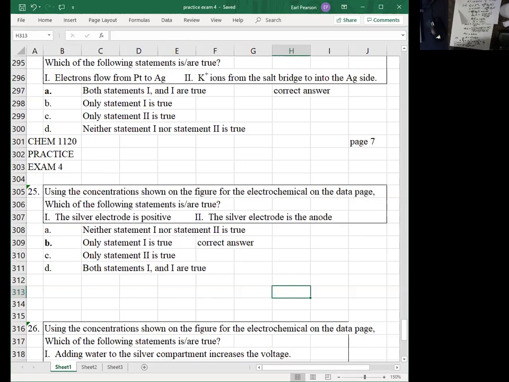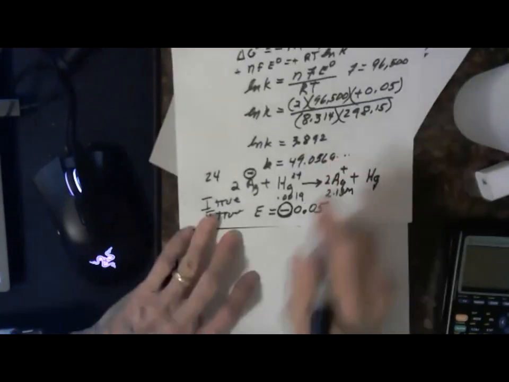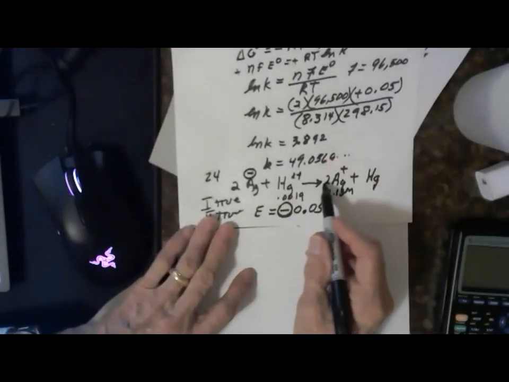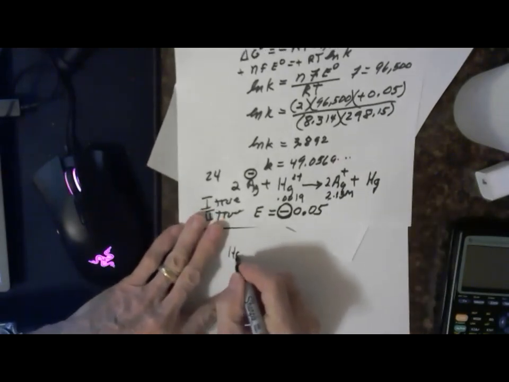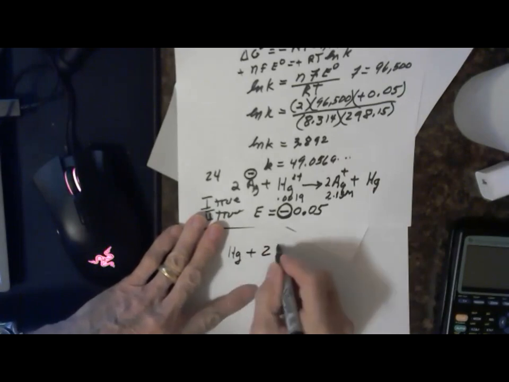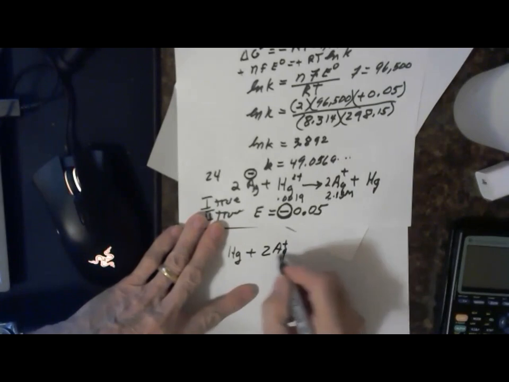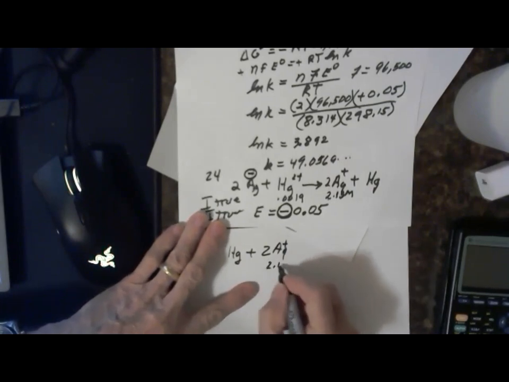And this time, I'm going to go ahead and write the reaction in the direction that created the positive voltage. So let's stop the screen share so you can see my pad down here again. Now, this is the reaction here that generates the negative voltage. So I want to turn it around. I'm going to go Hg plus 2Ag plus, and again at that concentration, 2.15 molar, whatever that was.